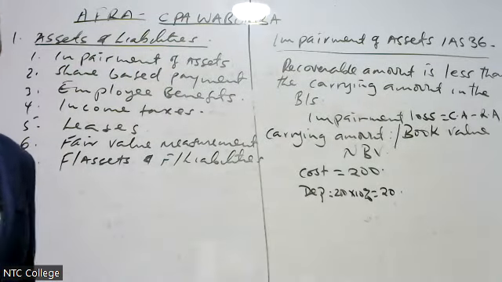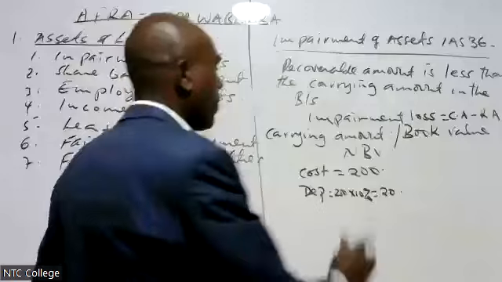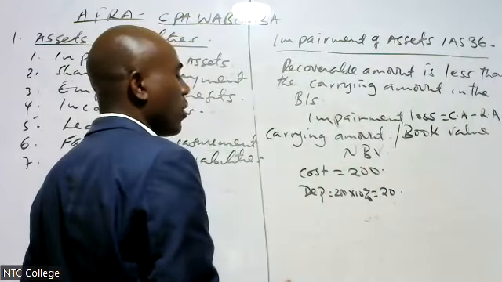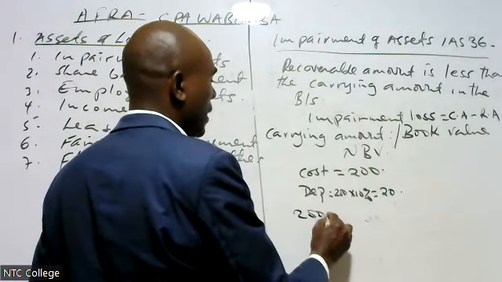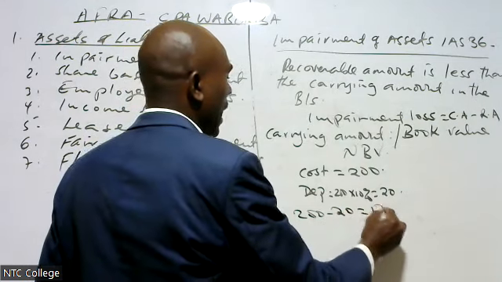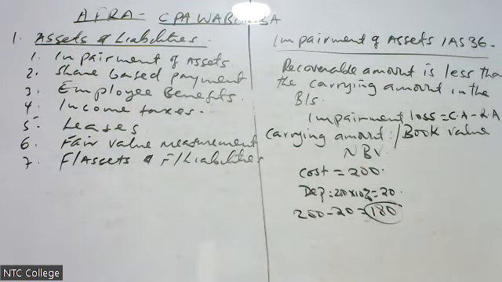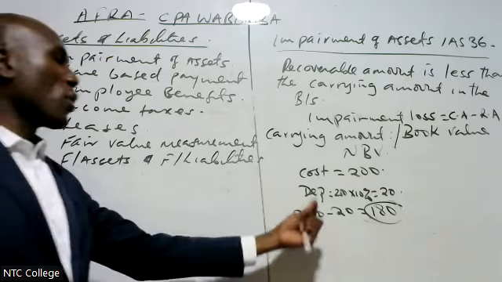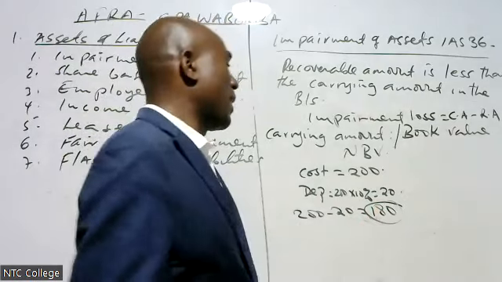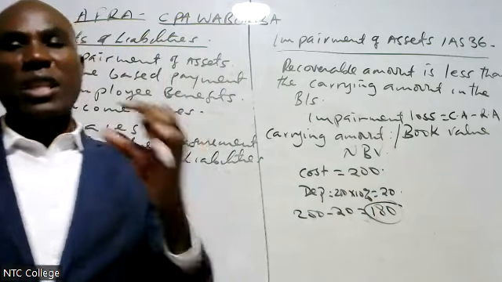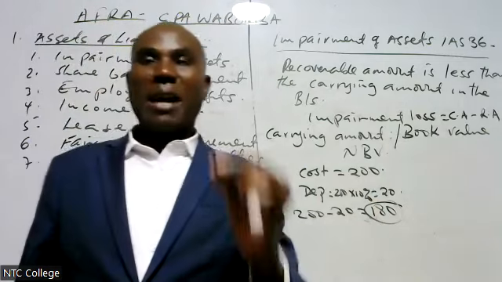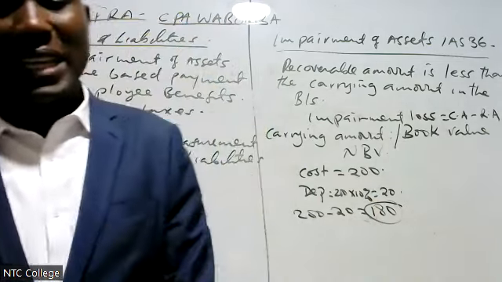At the end of the year, when I want to report this motor vehicle in the books, I will take 200 minus 20, I get 180. Therefore, at the end of the period, I'm going to report 180. So 180 becomes the book value, the carrying amount of that asset.